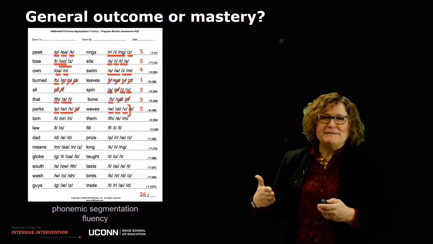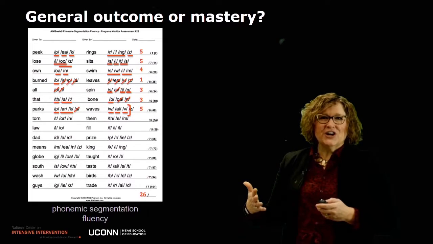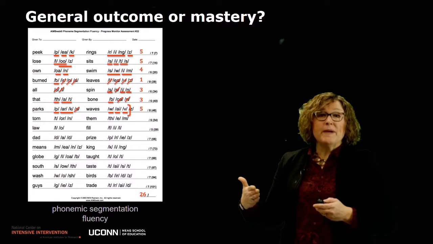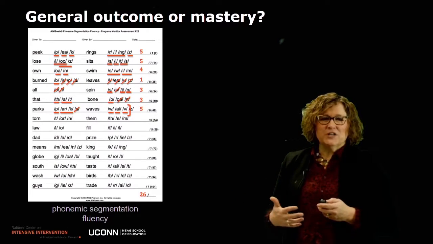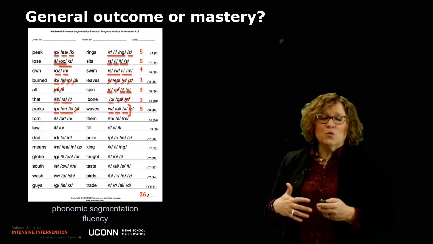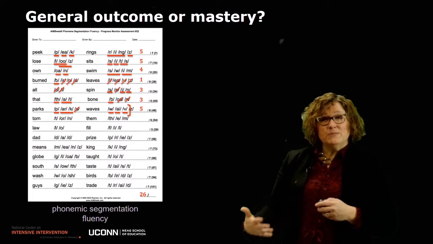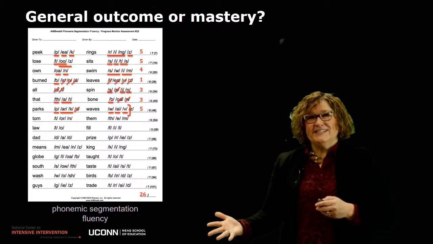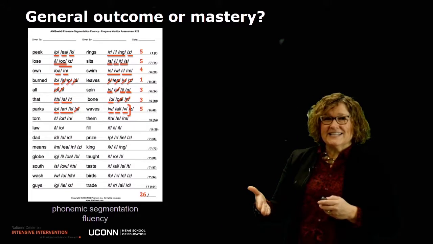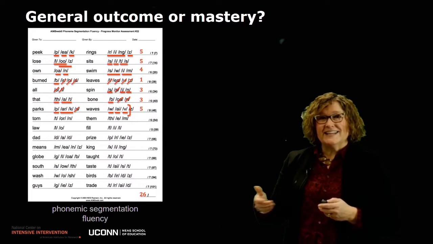If we had a phoneme segmentation measure that had particular word patterns on it, words that all started, for instance, with the same sounds, words that had the same medial sounds, then that might be more of an example of a mastery measure. I've just taught these sound patterns, and I'm assessing how a student is progressing on those.